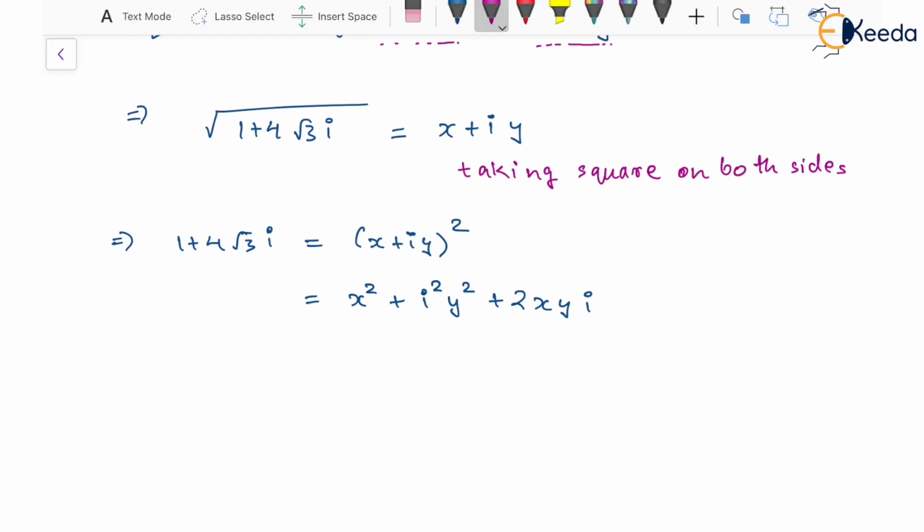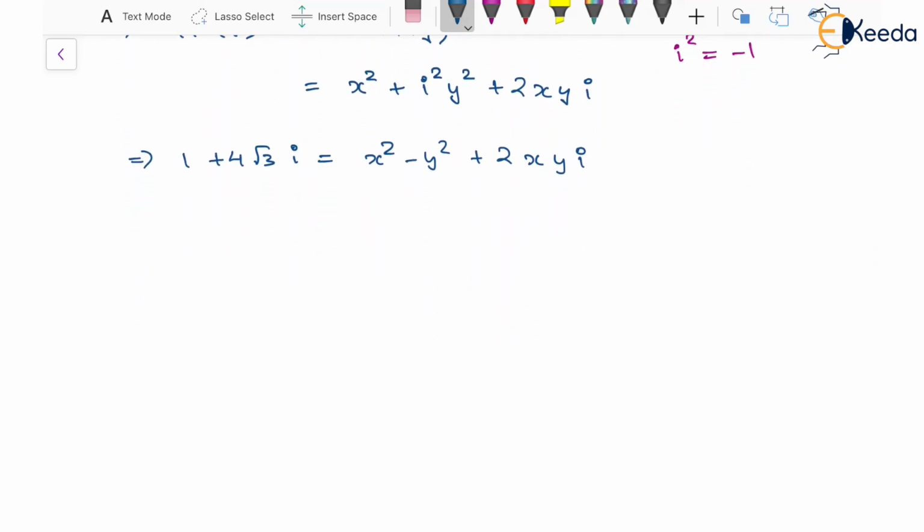Since we know that i square is equal to minus 1, using this we'll have 1 plus 4 root 3i is equal to x square minus y square plus 2xyi.